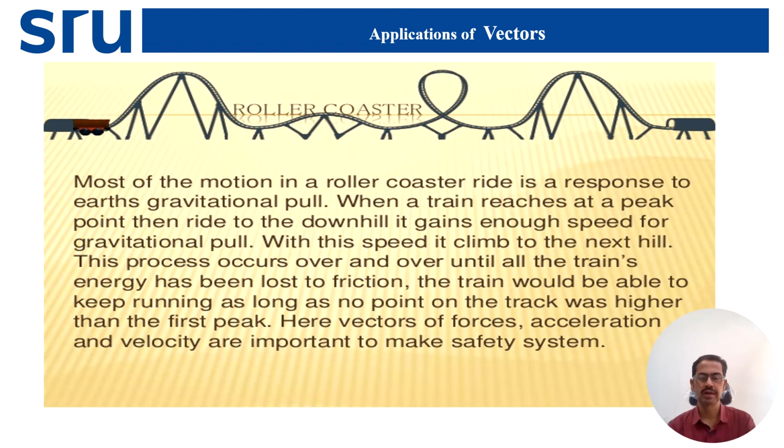These are all vectors. They should maintain a certain speed, then the roller coaster travels very safely. Once the speed is less, or the gravitational pull is less, it will collapse. At the peak point, how much speed is required? At the down point, how much speed is required? That is how it is formed. This is about roller coaster.